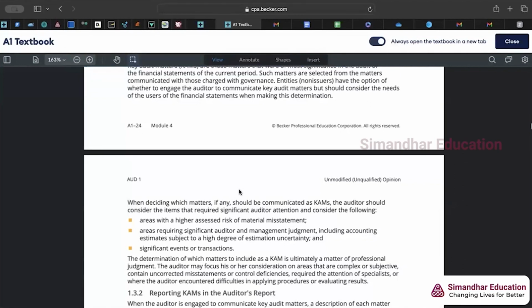A lot of companies have this ASC 606 recognitions that they need to make for revenue. That also is a key audit matter because it is higher assessed risk for material misstatement. There is a significant judgment or estimation involved.